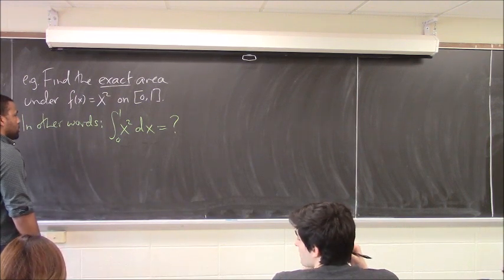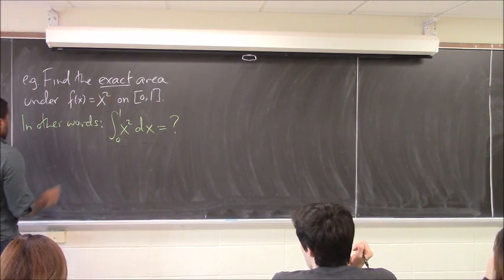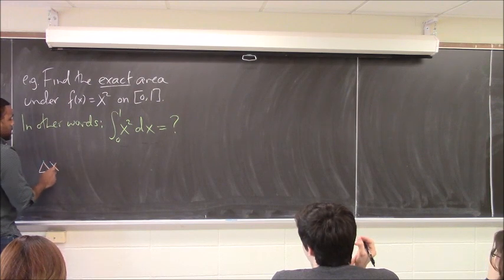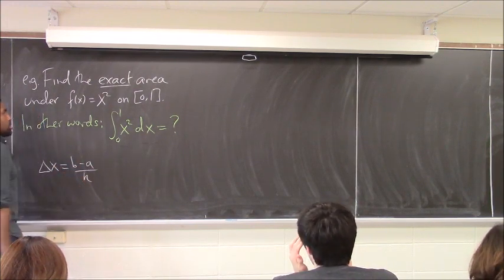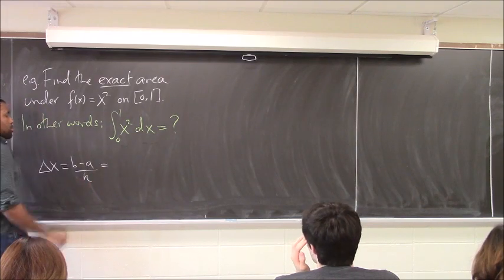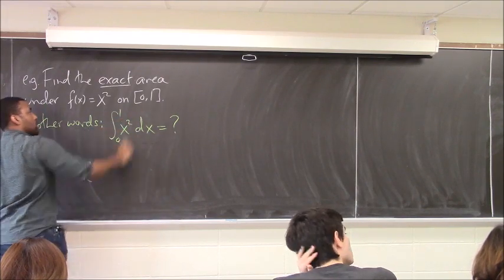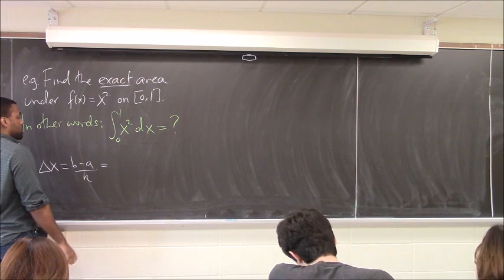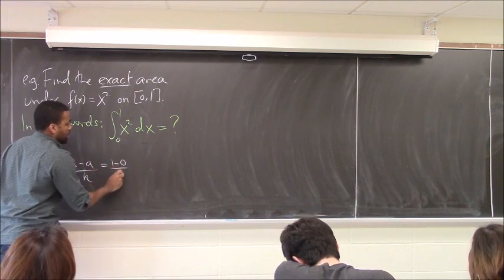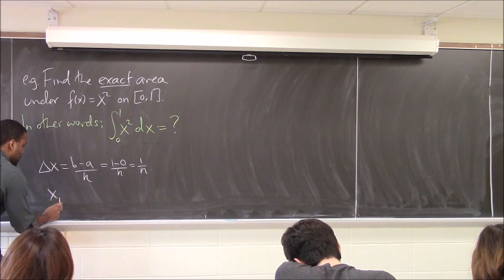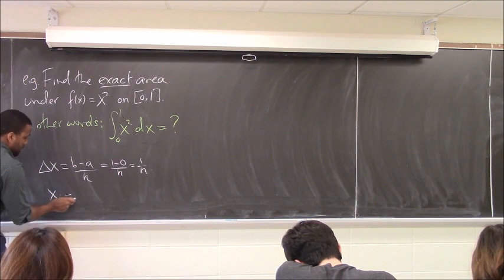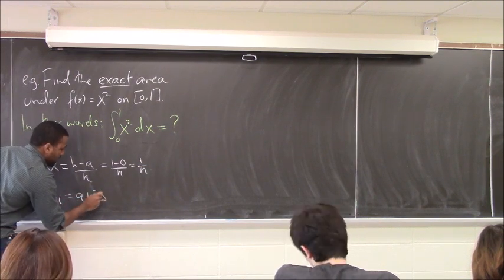Well, of course, we have to find the pieces to plug into the formula. So finding our delta x would be nice. Delta x would always be b minus a over n. Here, remember a and b are the left and right endpoints of the integral respectively. It's going to be 1 minus 0 over n, so that's going to be 1 over n. We also saw last time that the x sub i is always going to be a plus i delta x.